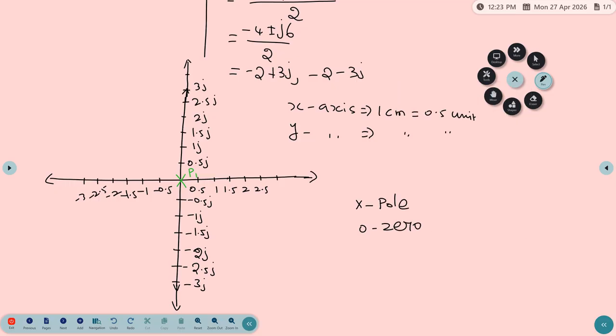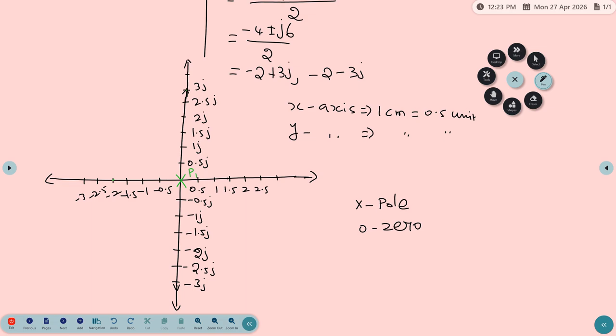So P2 is minus 2 plus 3j. Minus 2 represents your real number. So we have 0.5, 1, 1.5, 2. This is the point for minus 2. Here we have a vertical line. Similarly, your imaginary part is plus 3j. So this is plus 3j.